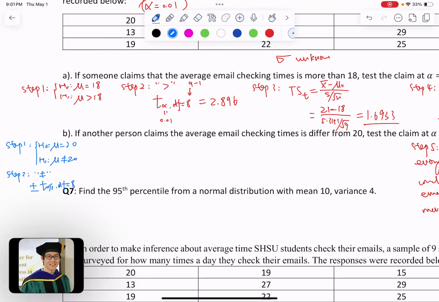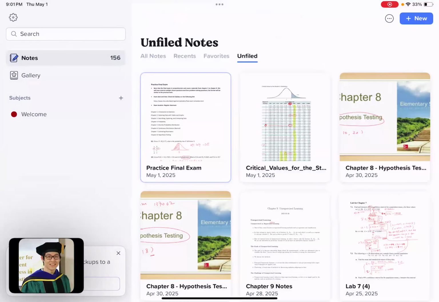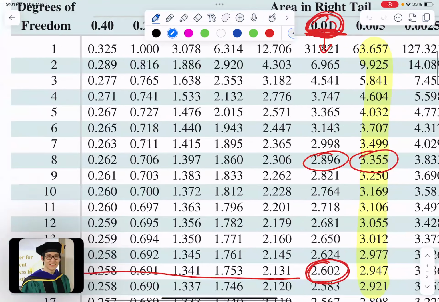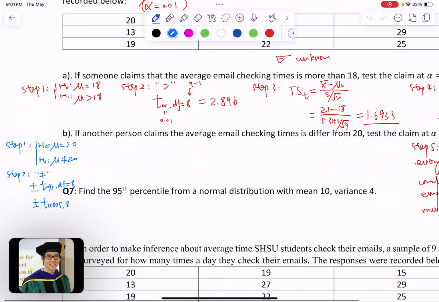So that's plus or minus t sub 0.005, since 0.01 divided by 2 is 0.005. Let's check that. 0.005 is here, with 8, that's 3.355.